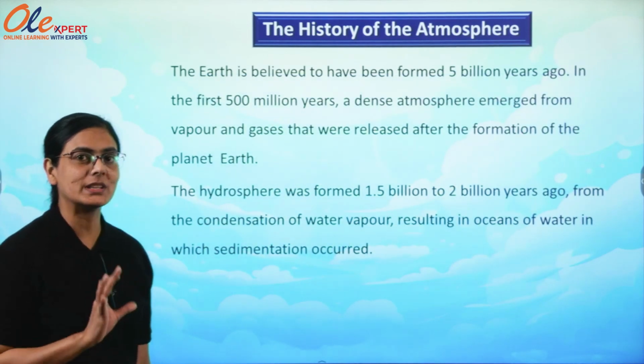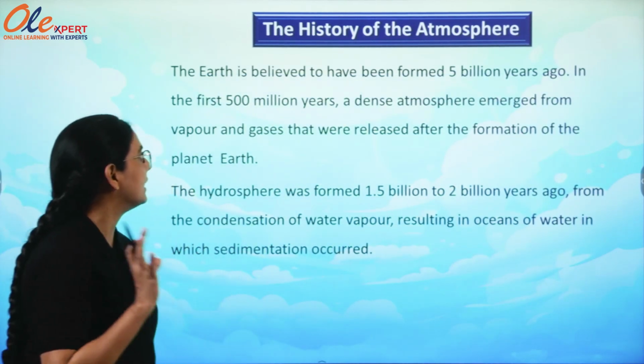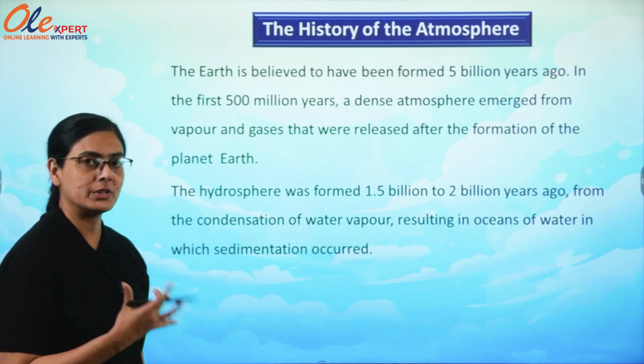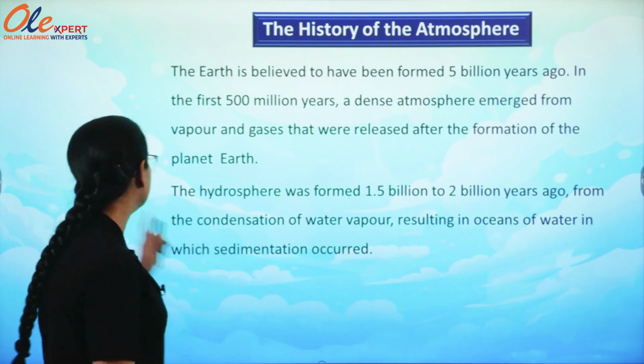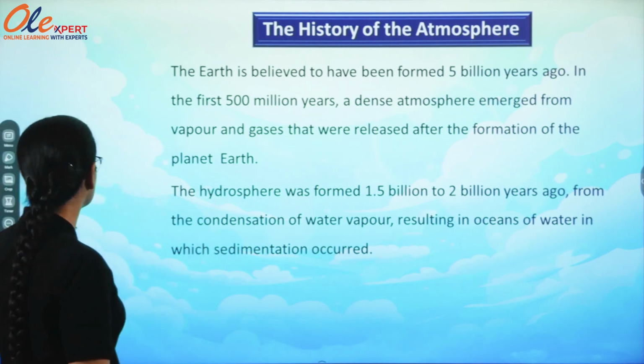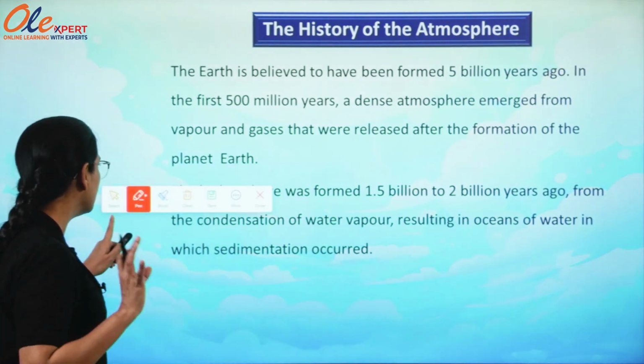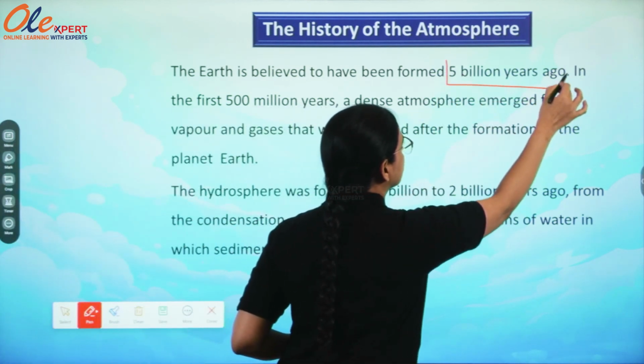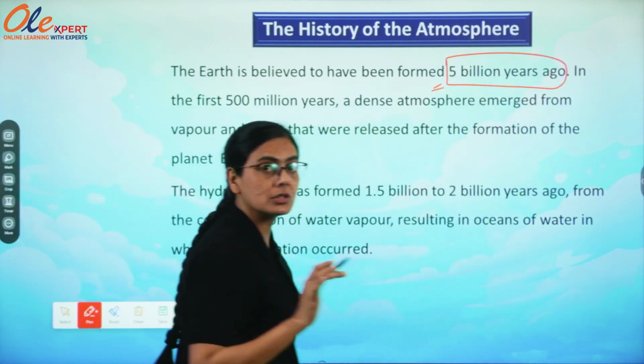Actually, you should know the history also. As we all know, the Earth is believed to have been formed 5 billion years ago. The formation or evolution of Earth is nearly 5 billion years ago. I think you all should know this is the year of evolution of Earth.